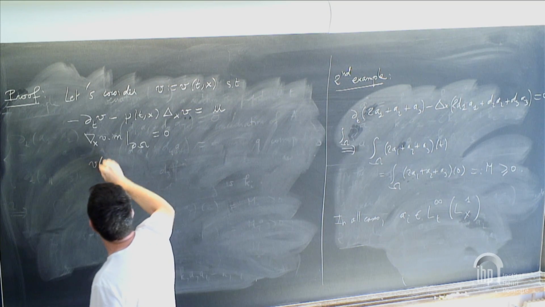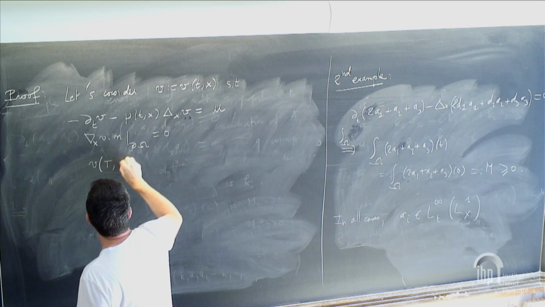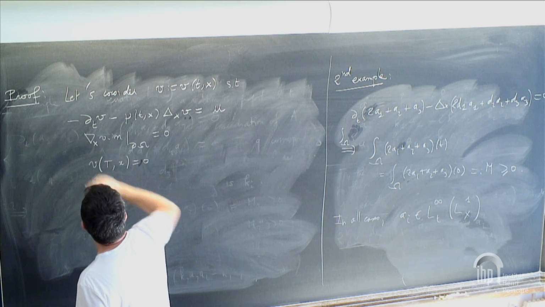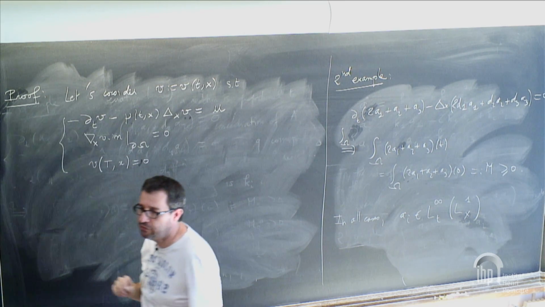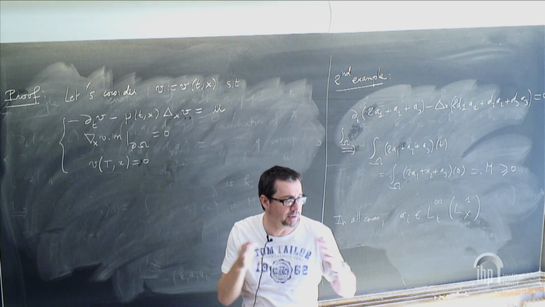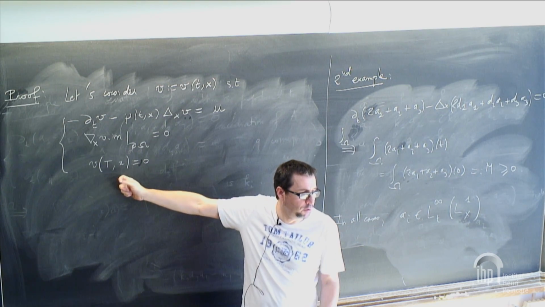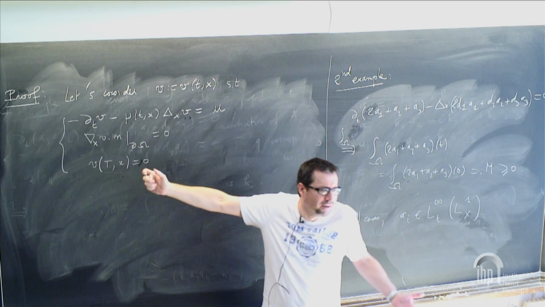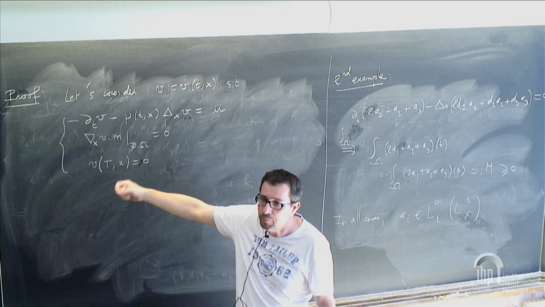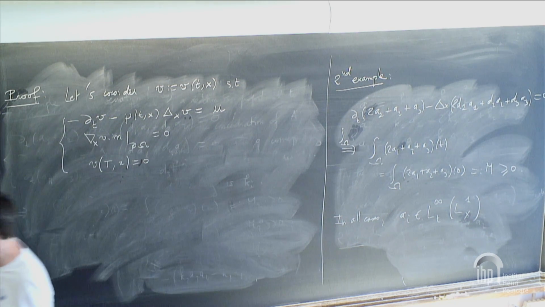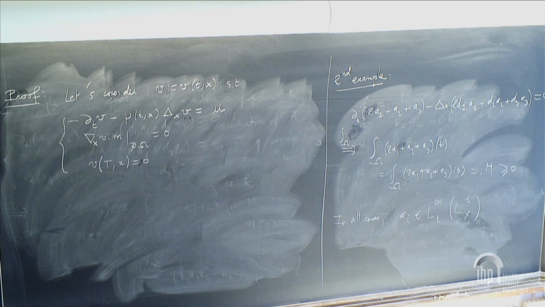And so we have to impose V at time capital T, and for this we take 0. And V will be defined between 0 and capital T, okay? This is exactly the dual problem in the L2 sense, in the Hilbert sense, corresponding to this, okay?